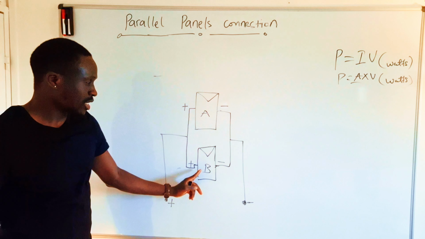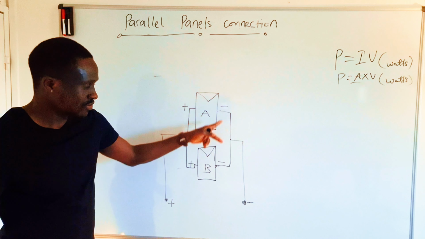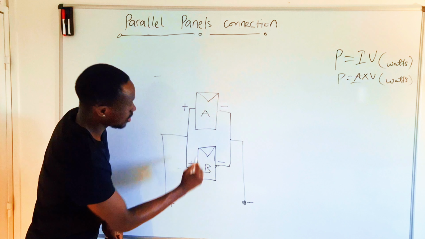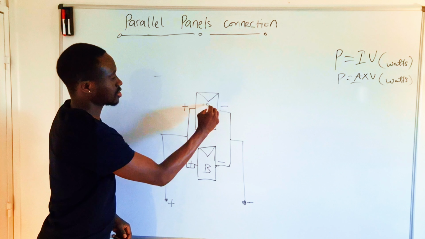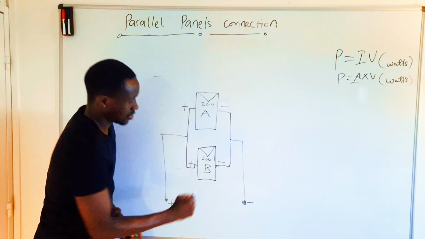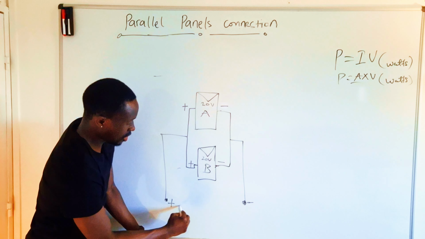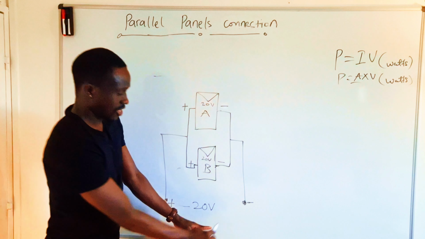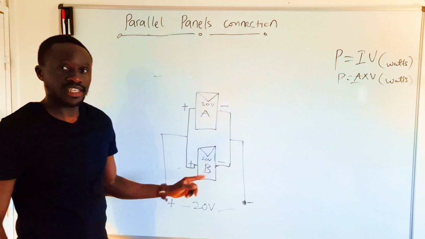Panel 1, panel 2, negative, that is parallel. Here, if this panel was 20 volts, and this panel is 20 volts, here it will be 20 volts. It will not change. The voltage will remain constant.